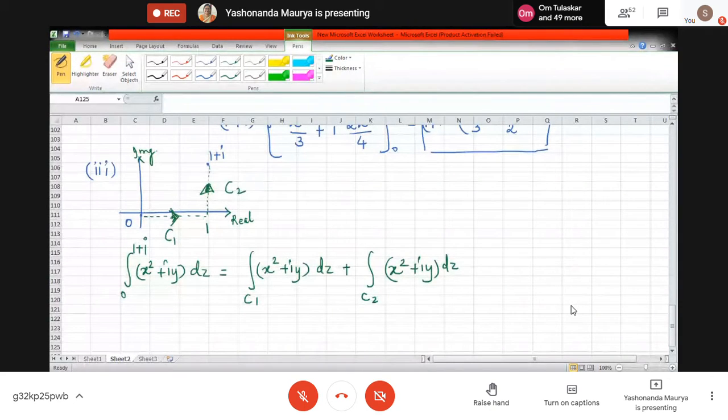Is this part clear? The curve that has been given in the third case, or if you want, I can tell you what the curve is.